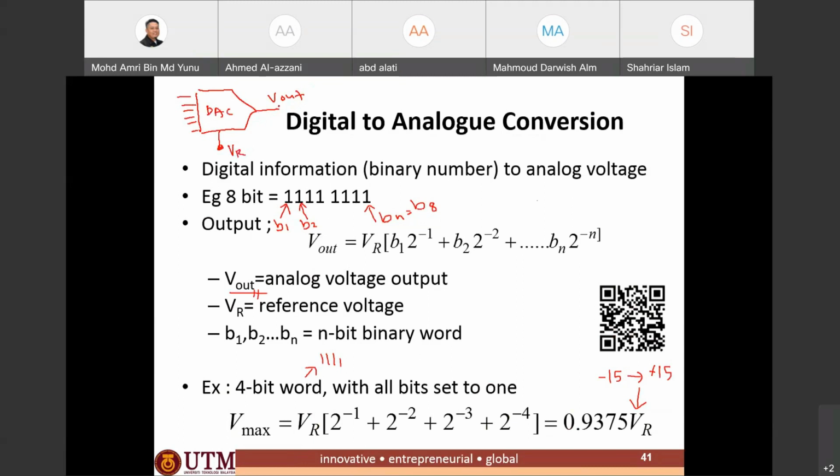So the output will never be more than the reference value.